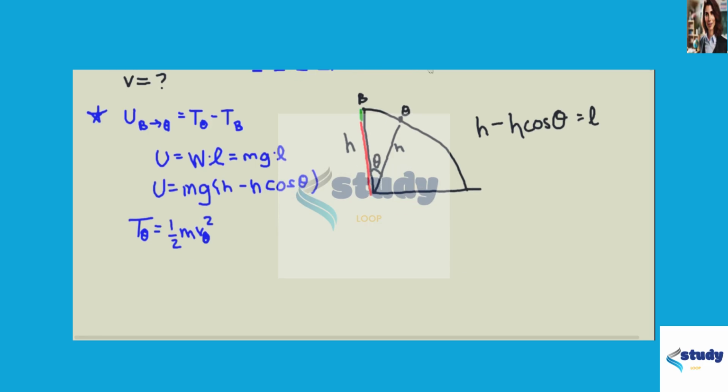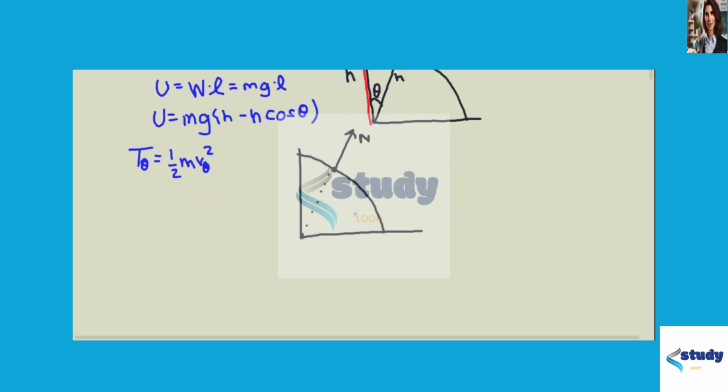And we will draw a free body diagram. Okay, so we have our block, and we have our angle and a normal force here, and the weight acting downwards. And again, here's our angle.